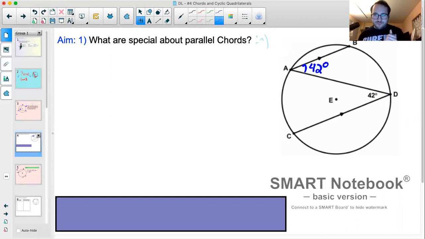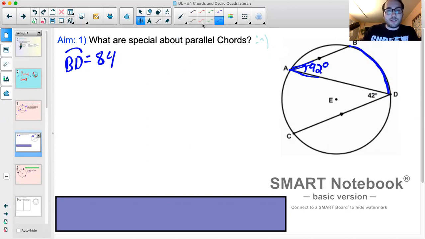So if that's true, what could we say about arc BD? Well, we know that this angle right here, that I'm outlining, is an inscribed angle. Inscribed angles are half the measure of their intercepted arc. So if it's half of BD, then BD is double that. So double 42 is 84.